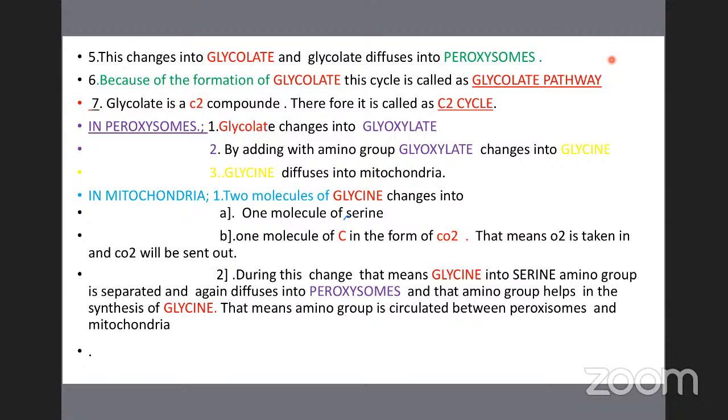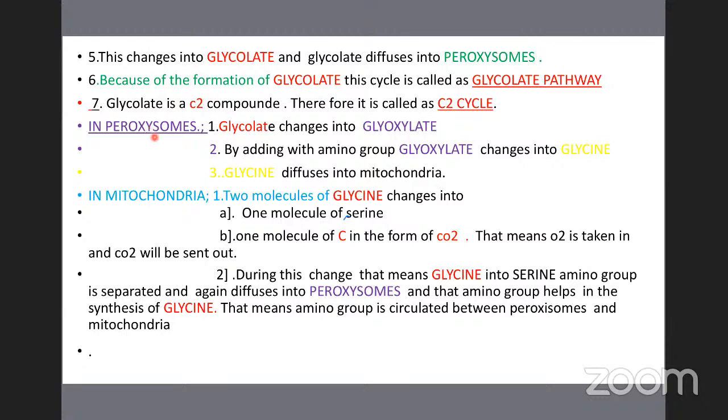And this glycolate is originally a 2C compound. That's why it is called the C2 cycle. Now this glycolate diffuses into peroxisomes. Let us see the changes in peroxisomes.